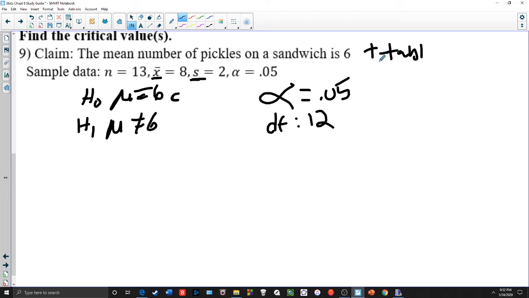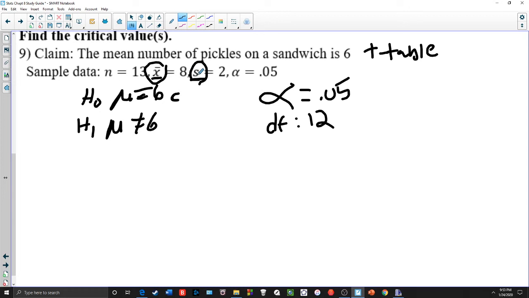And how do I know it's a t-table problem rather than a z-table problem? Well, if you have an average and a sample deviation, you're doing a t-test. If you have the average and the population deviation, so if this was a sigma instead of an s, then it would be a z-table type of question.